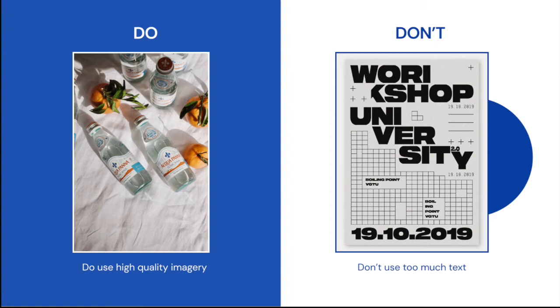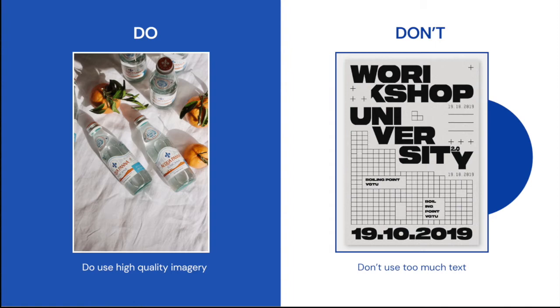And then, don't use too much text. Whether you're using video or a still image, Facebook actually has a limitation on the amount of text that you can use on an image, and it's changed up a little bit recently. But overall, even beyond Facebook's rule on those text amounts, you don't want to overwhelm anybody with too much, and it starts to feel kind of gimmicky if you're putting too much text on your imagery.